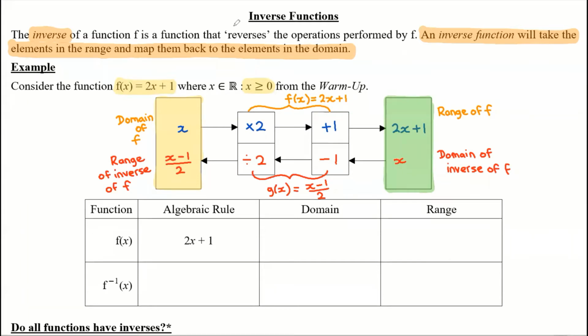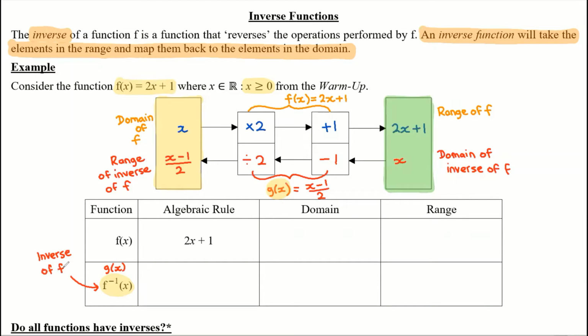Now, the g of x, which is the inverse function, you'll notice this is now represented by f to the -1 of x. So they're the same thing. And this is the notation for the inverse function. Okay, so this just simply means the inverse of f. So the notation is f to the -1.